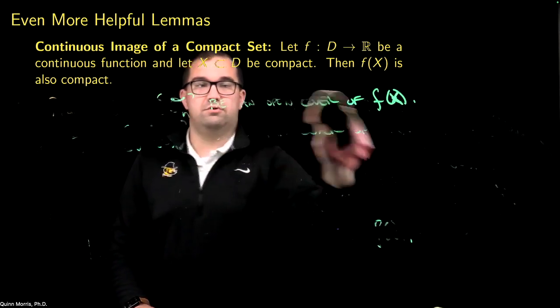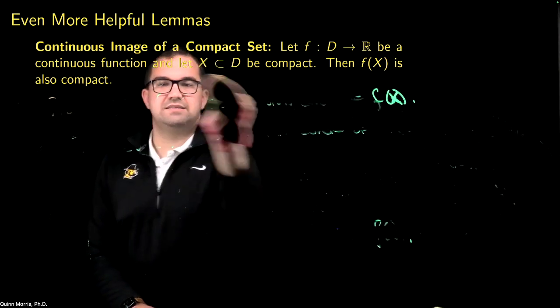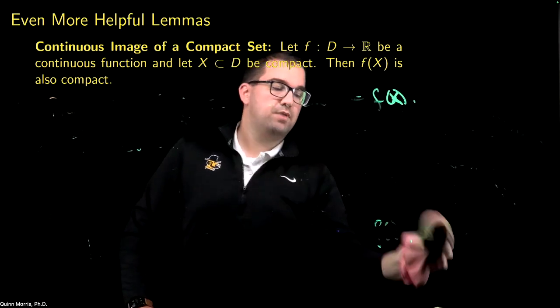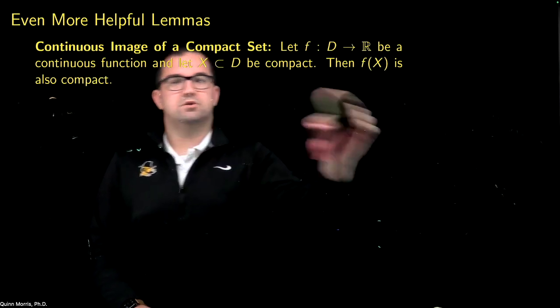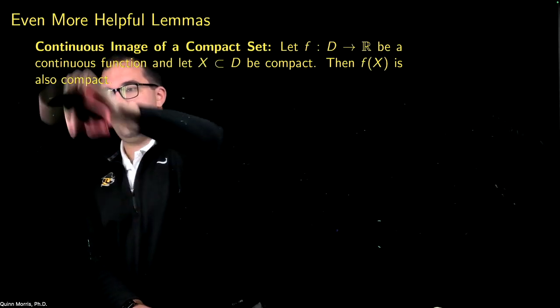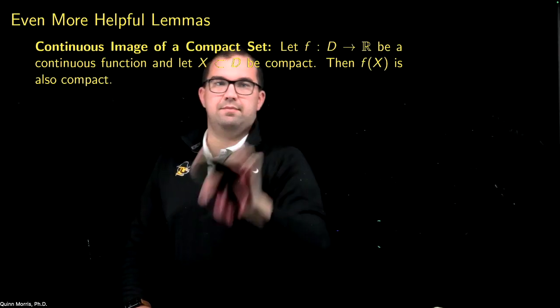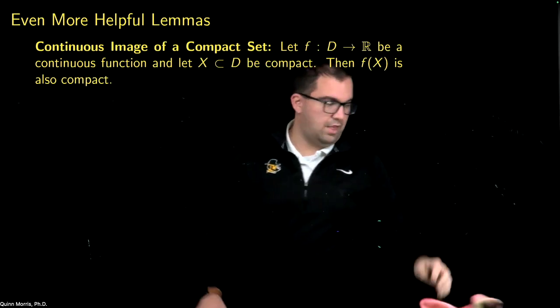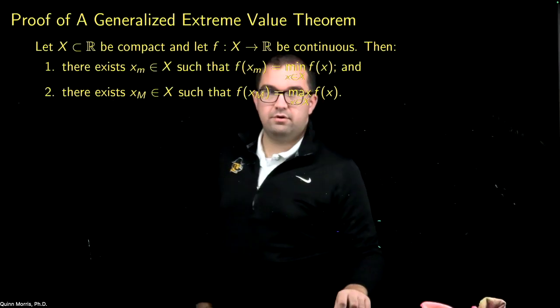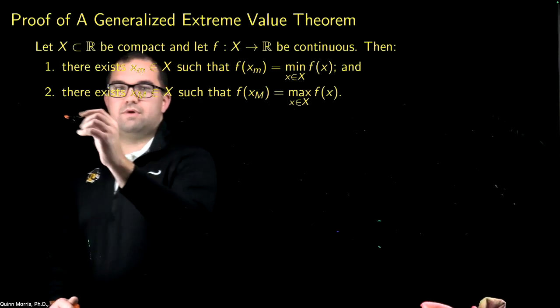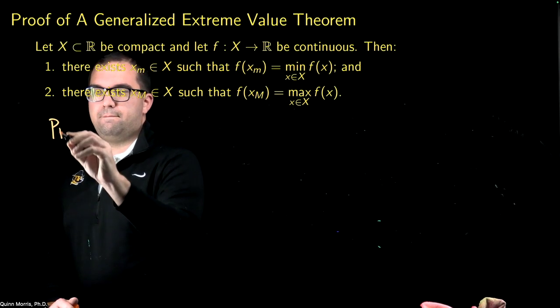They're also good exercises in thinking about functions, images, and preimages. So I think they're good to see. But now we can use the results of these lemmas to prove our generalized extreme value theorem. And from here, the proof becomes relatively straightforward.